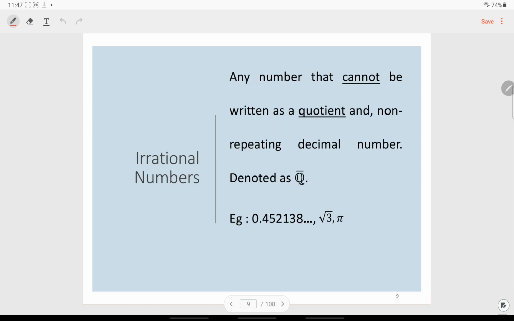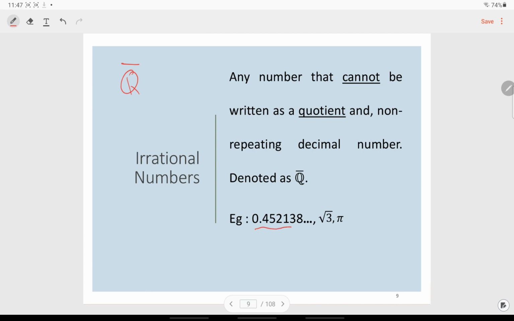Alright, other than rational numbers, we have irrational numbers. So what is an irrational number? It is any number that cannot be written as a quotient, a non-repeating decimal number. If the rational numbers are denoted by capital Q, the irrational numbers are denoted by Q bar. So we have this example.